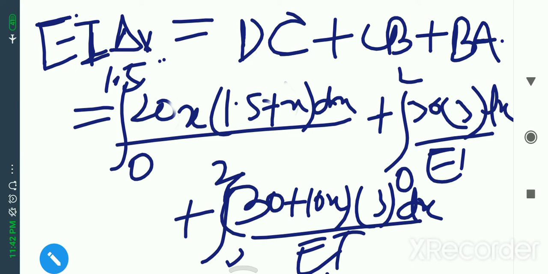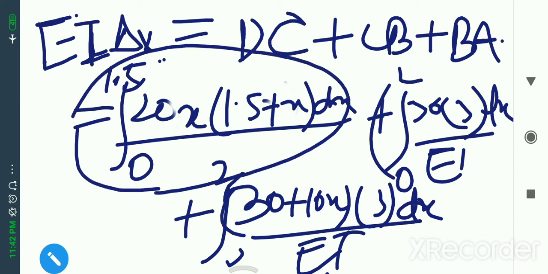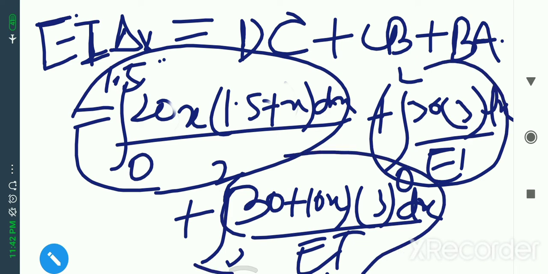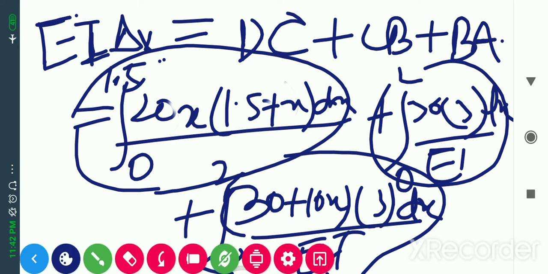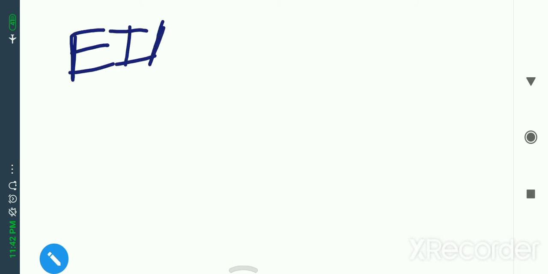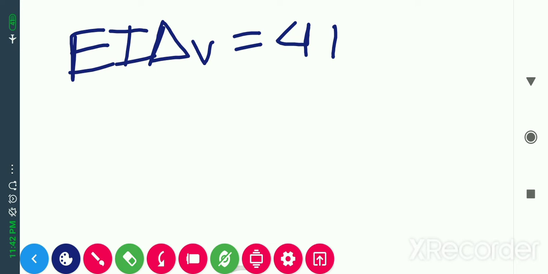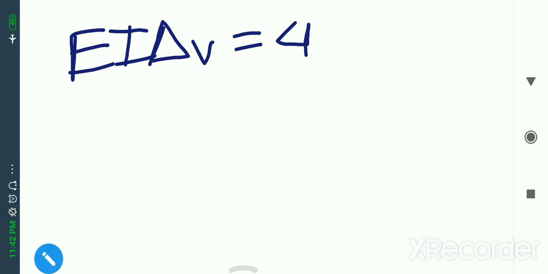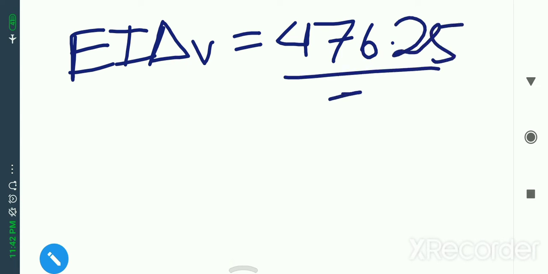So we will solve these terms separately, and we will obtain the final result as EI delta V equal to 476.25.